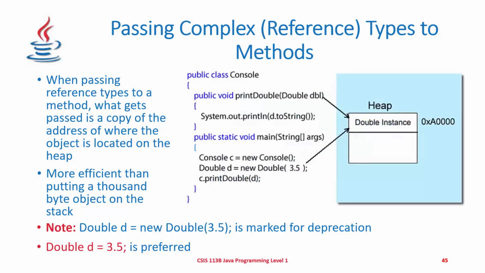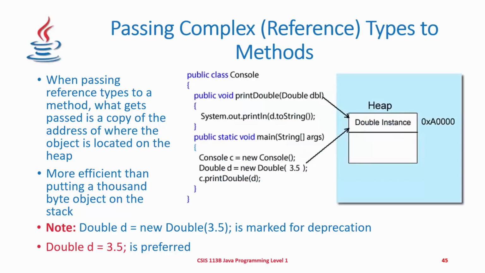And I should also point out here, this is an older slide that I did not update. In the main method, when we're declaring double D, the second line in the main method, double D is equal to new Double 3.5, that's actually been marked for deprecation.